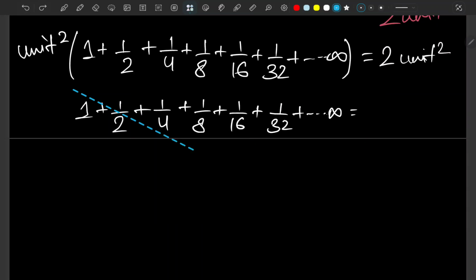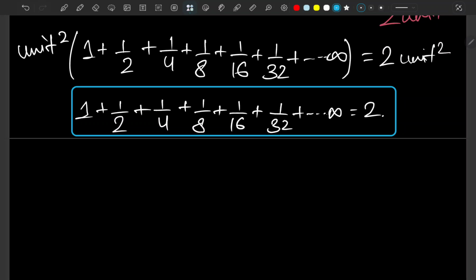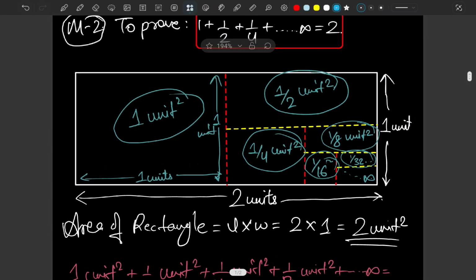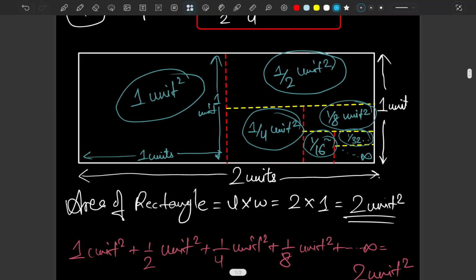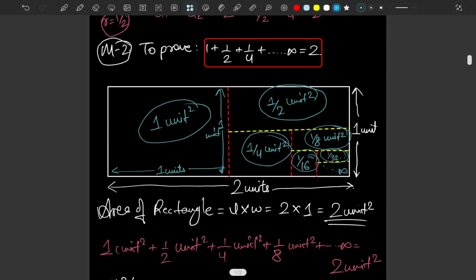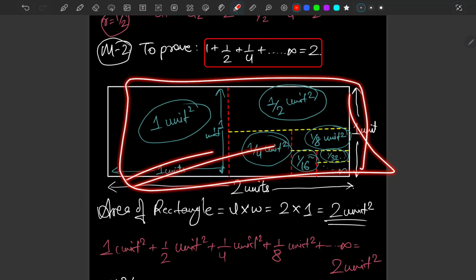And believe me guys, wasn't it a brilliant way? This is not how I did it, I just learned this way from somewhere. But when I saw this one, I was like, wow, what mathematics. This is real mathematics, when you visualize, when you know why this is happening, and there is a way to understand the sum.